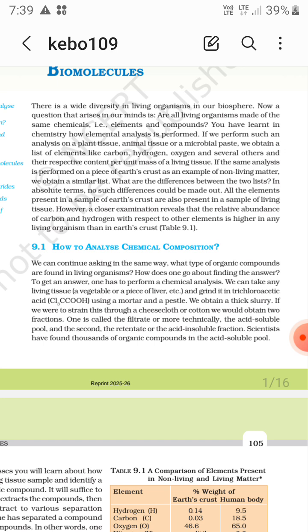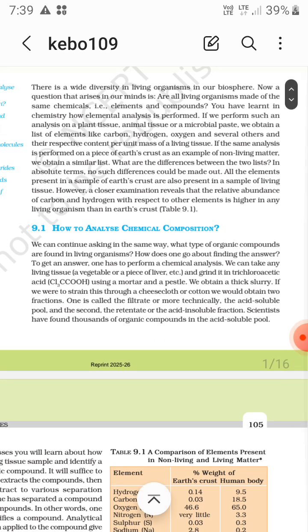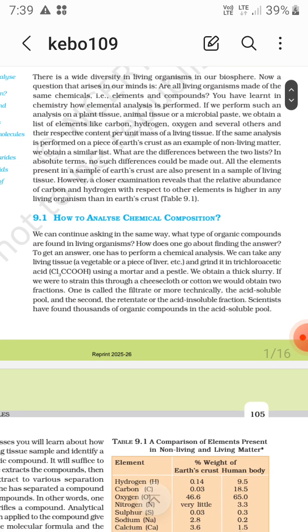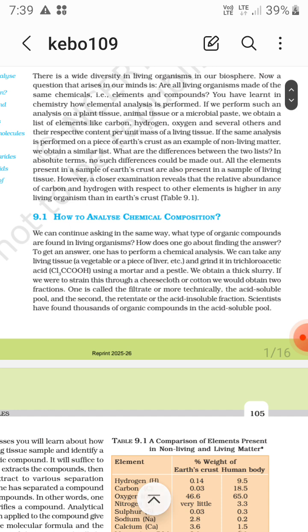So for living tissue and Earth's crust, the elemental analysis is almost the same, right? No such differences could be made out. All the elements present in a sample of Earth's crust are also present in a sample of living tissue.